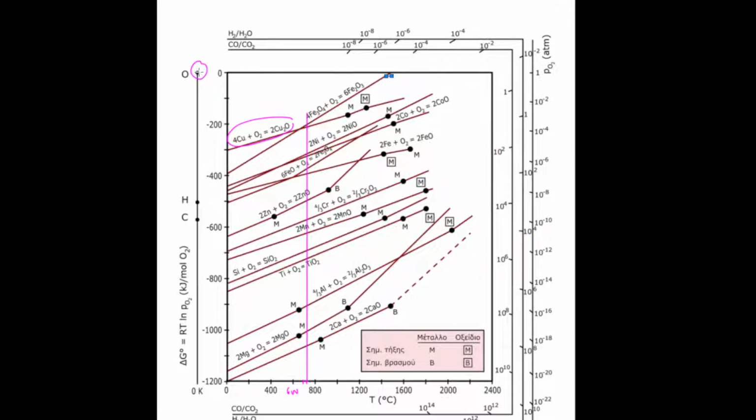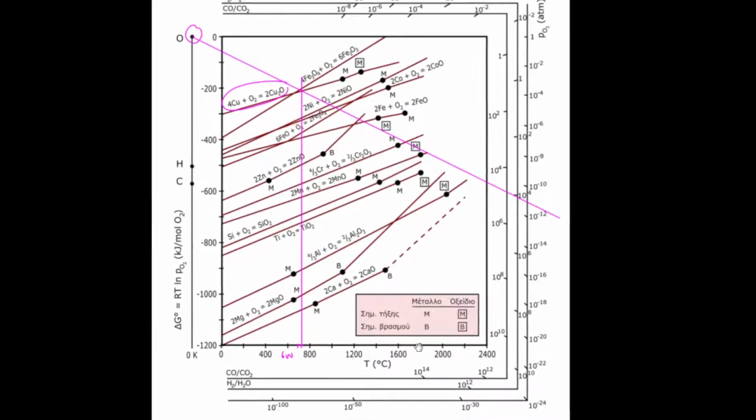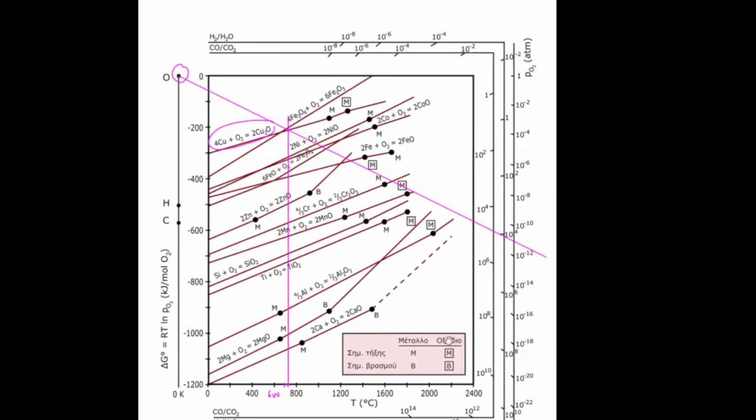Wait, sige. Ulit natin. So, again, dadaan siya sa, yan. So, where does it touch the, hanapin natin si PO2. PO2 is, ito na. This is the PO2 line right here.